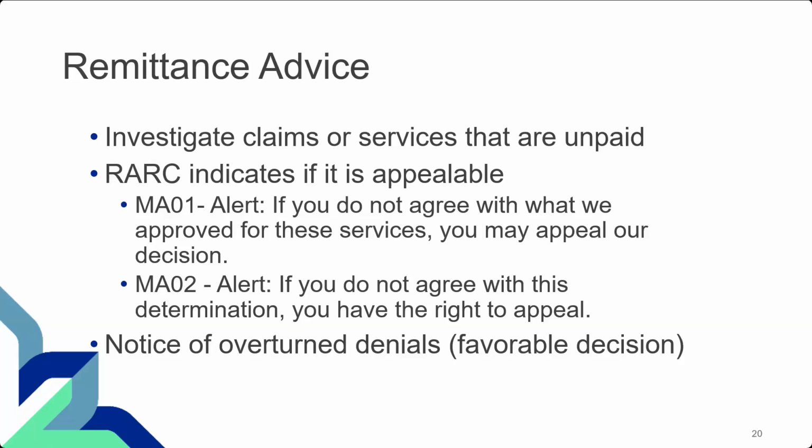So that remittance advice is important. When you're analyzing and posting your accounts receivable, we encourage you to check your remittance advice or the Medicare redetermination notice for the details about your appeal decision. So by doing this, you can efficiently know the status of your redetermination.